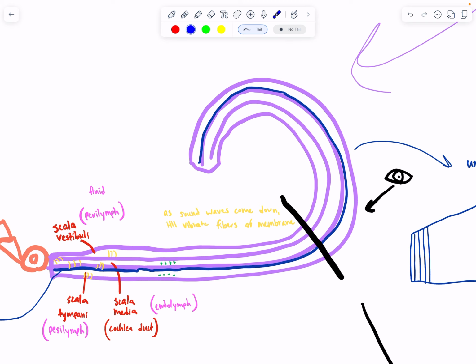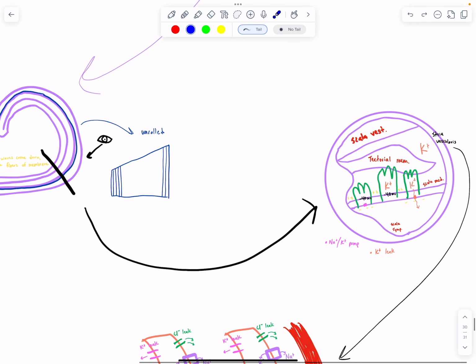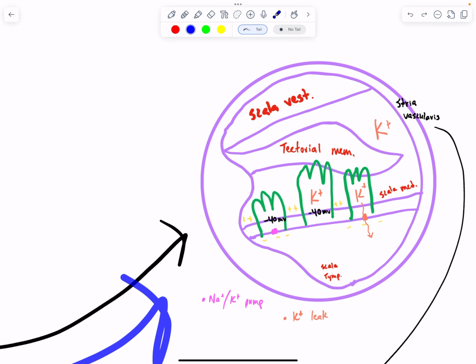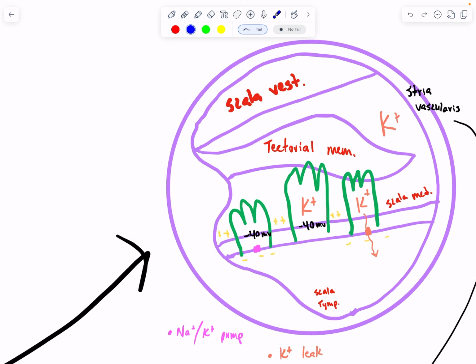If we zoom in even more, taking a cross section, we have these different places: the scala vestibuli, scala media, and the scala tympani. The scala media is full of potassium, a very high concentration of potassium.